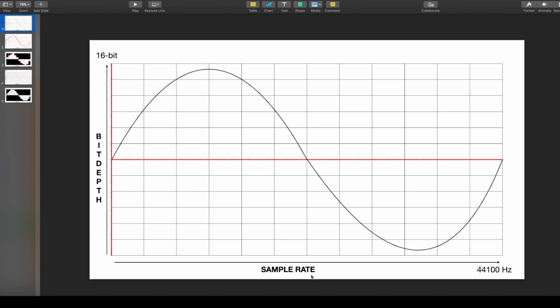So that bandwidth of 20 hertz to 20,000 hertz is what we want to record and replicate. Now, to record 20,000 hertz, we will need a minimum sample rate of 44.1 kilohertz, or 44,100 hertz. Now, you might ask why that is, because double 20,000 is going to be 40,000, right?